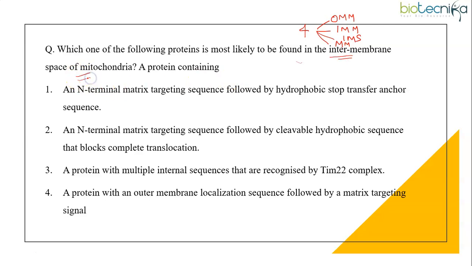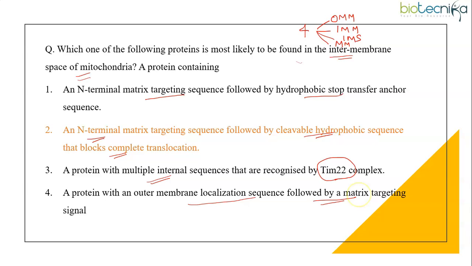That means the proteins that should enter into the intermembrane space. Option 1: an N-terminal matrix targeting sequence followed by a hydrophobic stop transfer sequence. Option 2: an N-terminal matrix targeting sequence followed by a cleavable hydrophobic sequence that blocks the complete translocation. Option 3: a protein with multiple internal sequences recognized by the TIM22 complex. Option 4: a protein with an outer membrane localization sequence followed by a matrix targeting sequence. So you need to identify the protein which enters the intermembrane space.